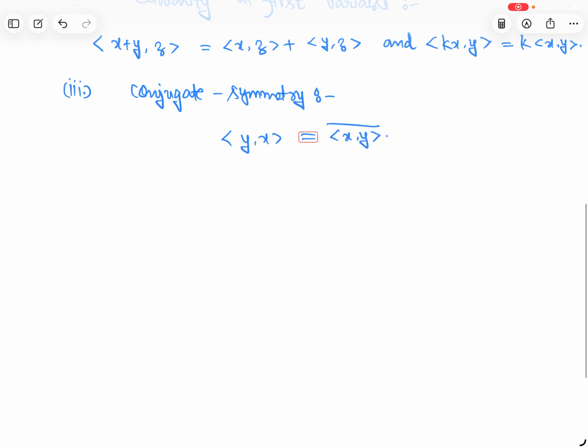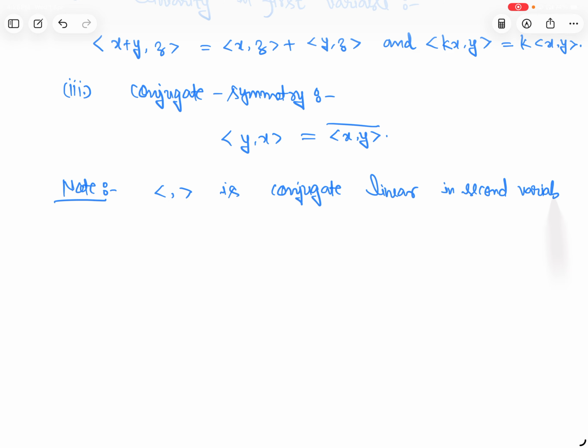Note that this inner product is conjugate linear in the second variable.